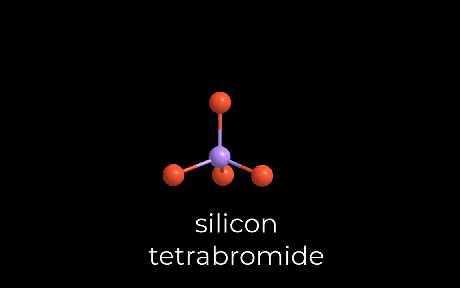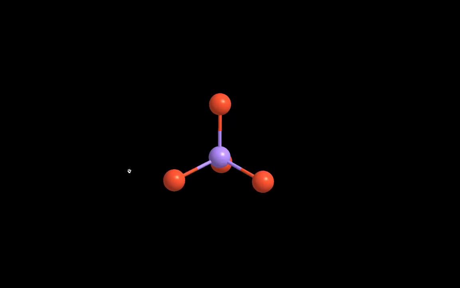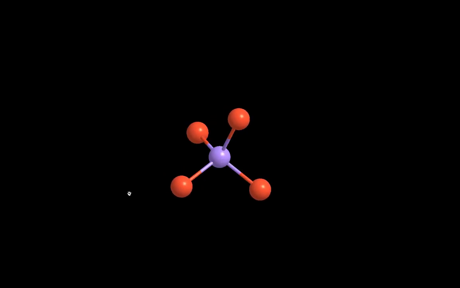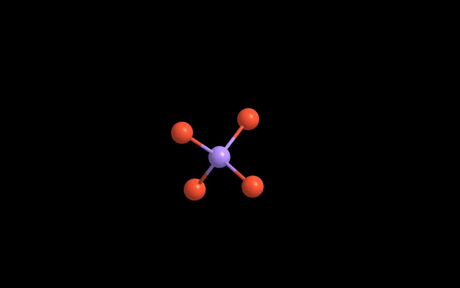The next molecule is silicon tetrabromide. So silicon is in the middle, and the 4 atoms to which it is attached are bromine atoms. Here's a different perspective of it.